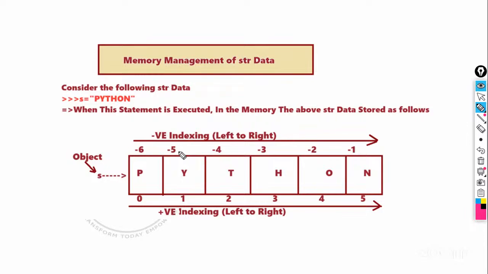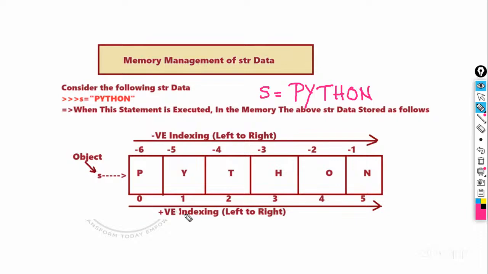Here we have a detailed explanation. If I want to store the word Python in an object S, using indexing I'm able to store each and every character. Indexing represents a number for each and every character.